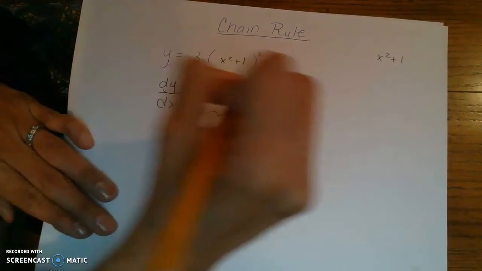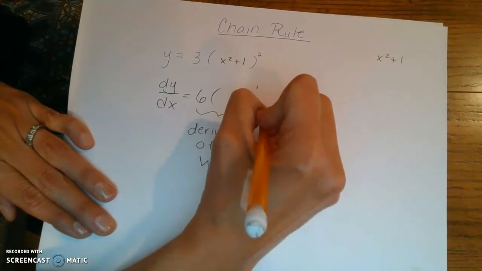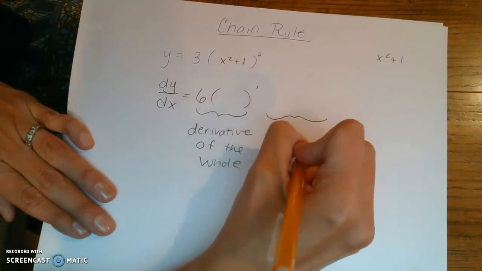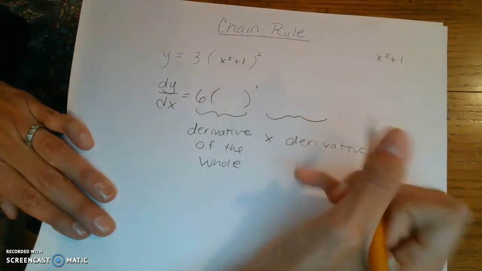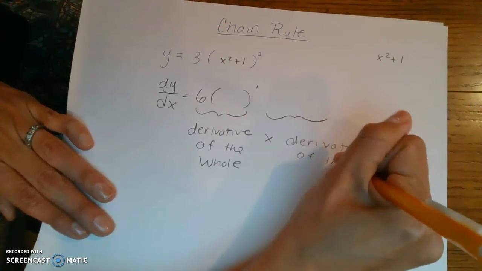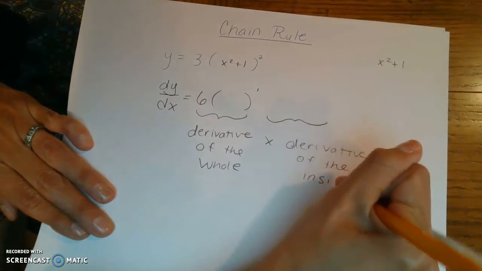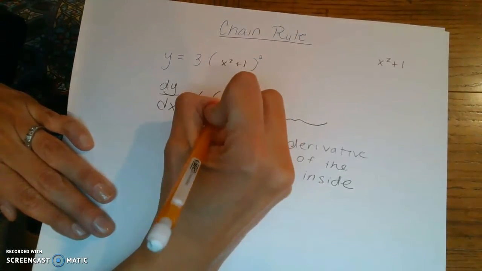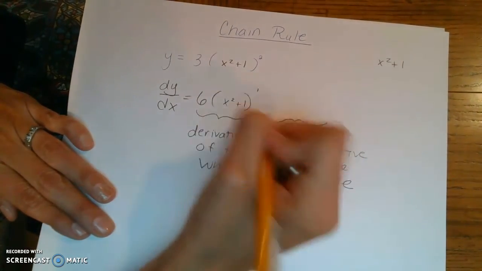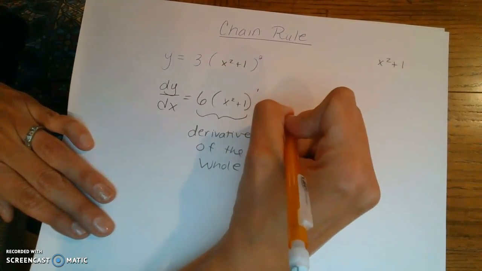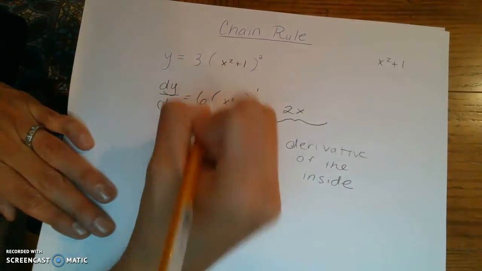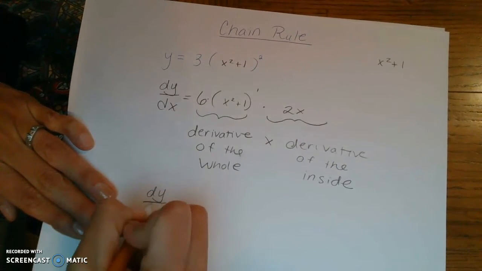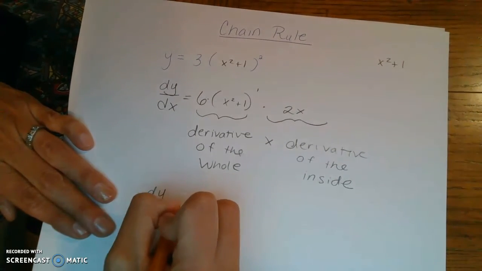And the last step was to times it by the derivative of the inside. So now we look at this and I go, okay, what's the derivative of the inside? It's 2x. And you can leave your answer in this form. That is our chain rule.